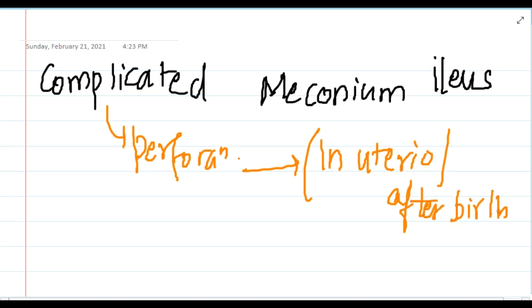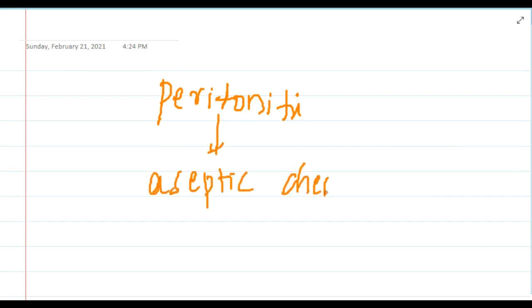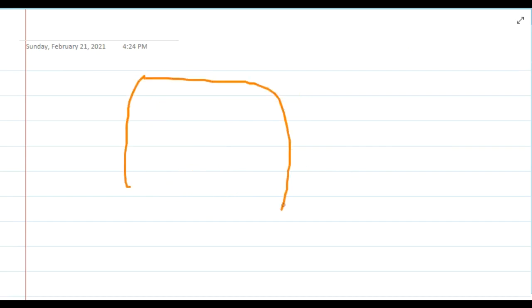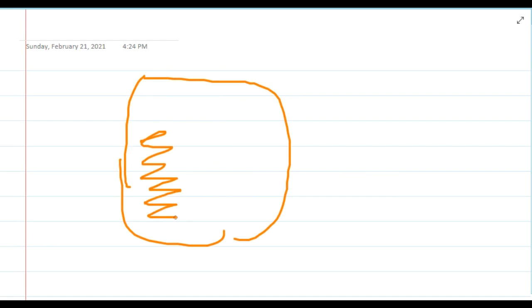Because of this perforation, the child has peritonitis. In the beginning, there will be aseptic chemical peritonitis. Here, meconium is seen in the peritoneal cavity.